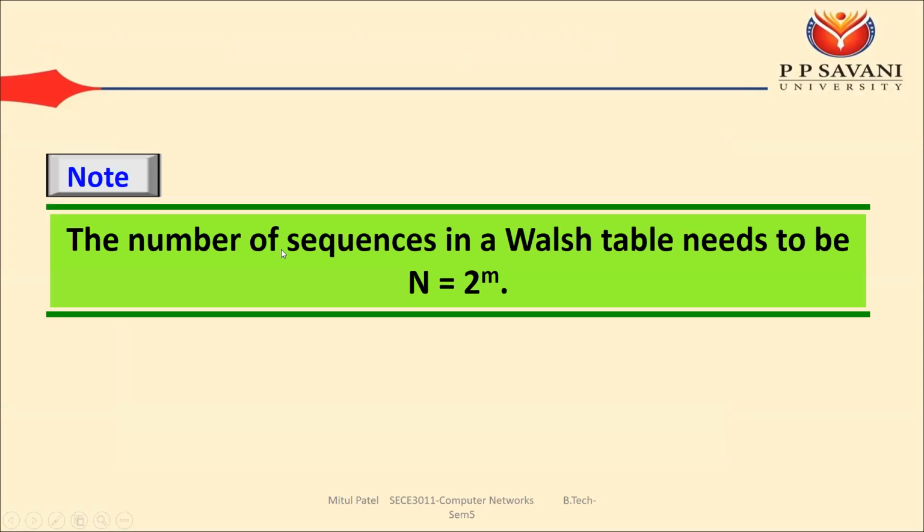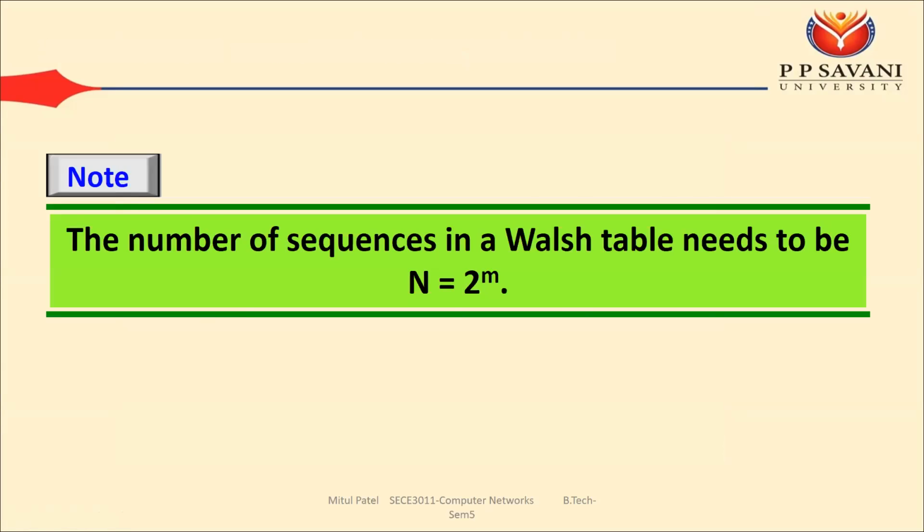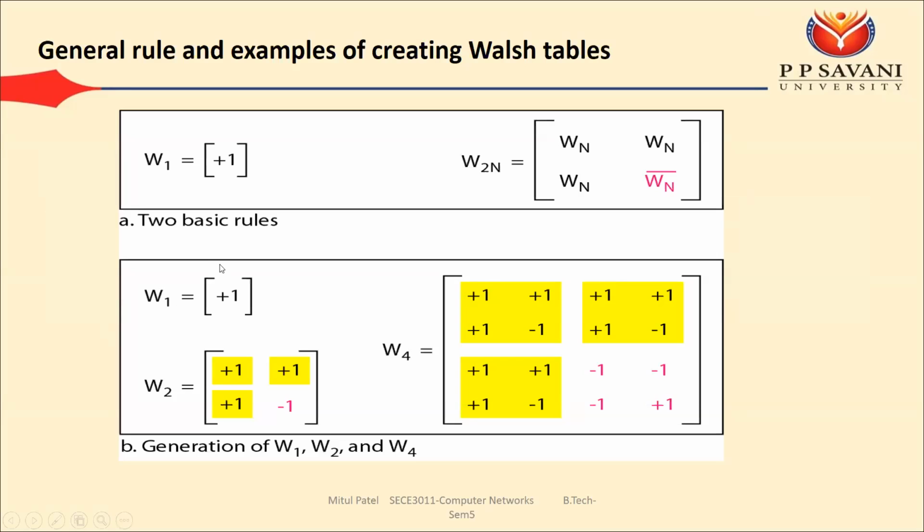The number of sequences in a Walsh table needs to be n equal to 2 raised to m. So the number of stations, or the number of sequences in a Walsh table, is always a power of 2.